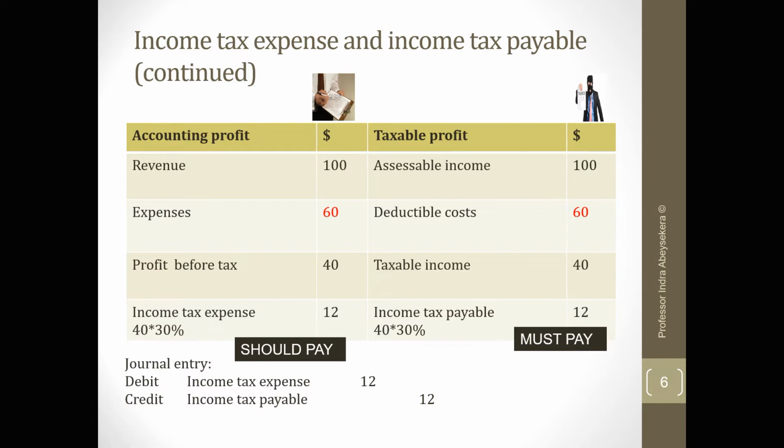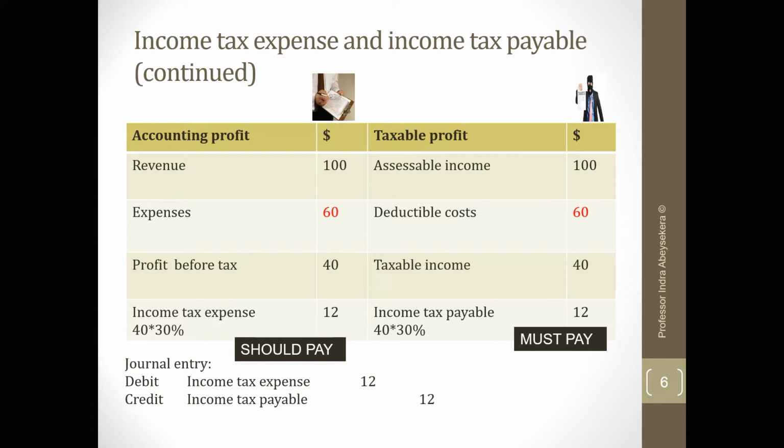So if you take the illustration here, accounting profit and taxable profit, we can see that if they are equivalent, then we will come up with the income tax expense and income tax payable, what should be paid and what must be paid, as equal. So we debit income tax expense and we credit income tax payable.